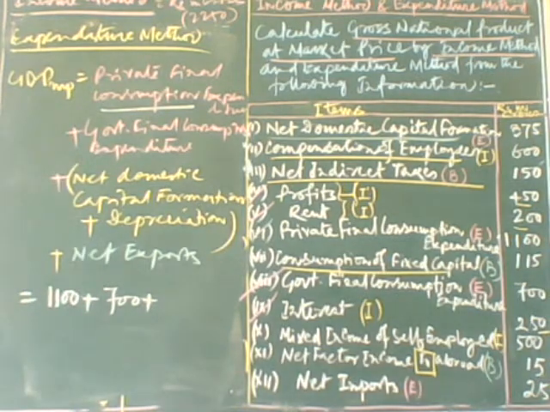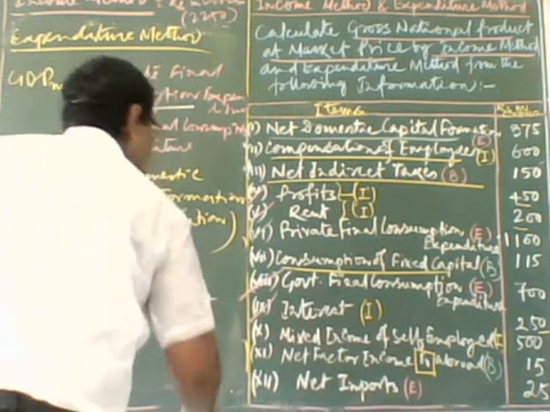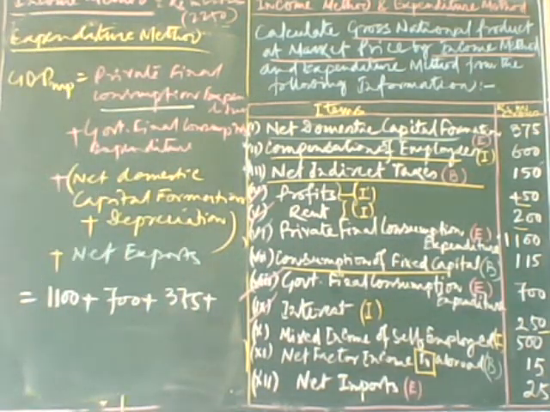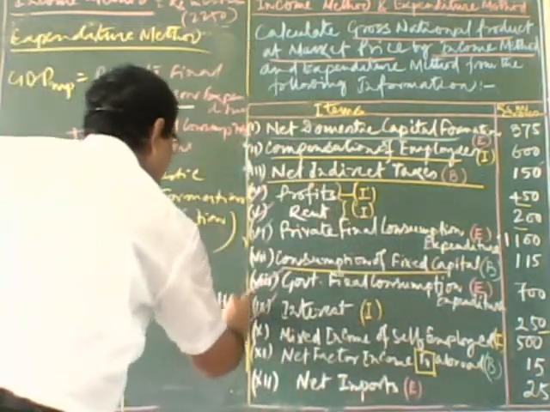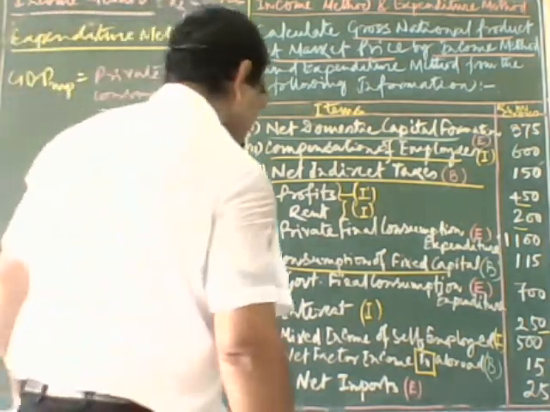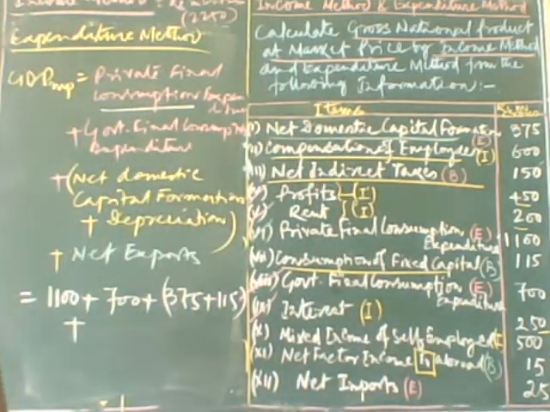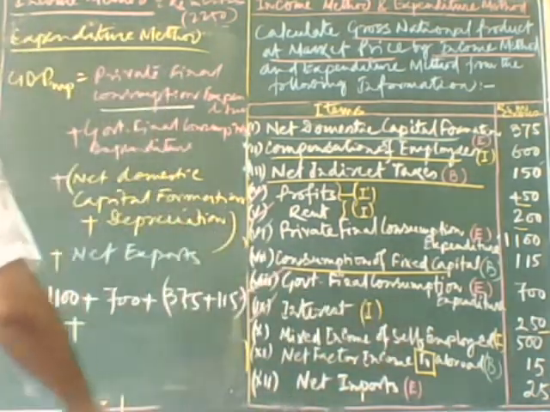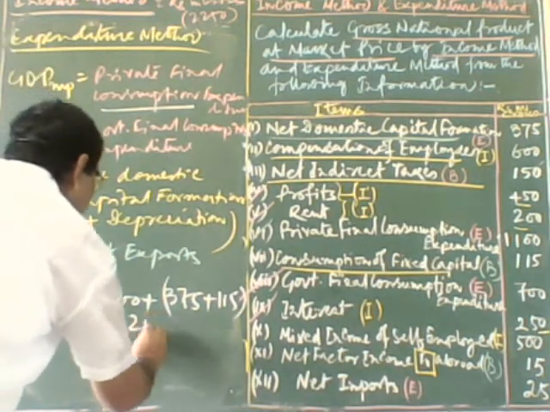Net domestic capital formation is 375, plus depreciation, that is consumption of fixed capital, 115, plus net exports, which is minus 25, because the net imports is given as 25, so net exports will be the negative value of net imports, equal to minus 25.